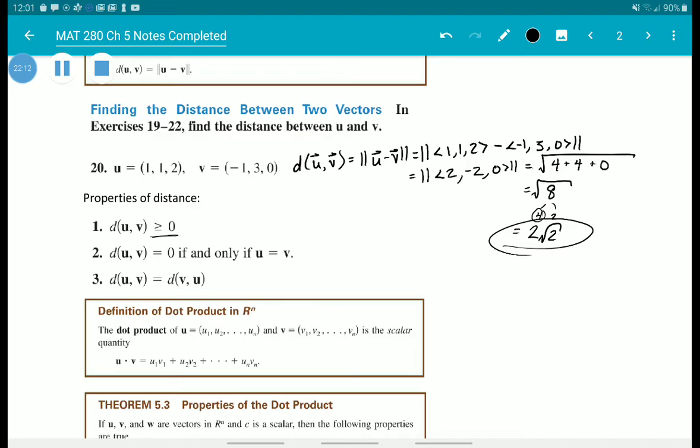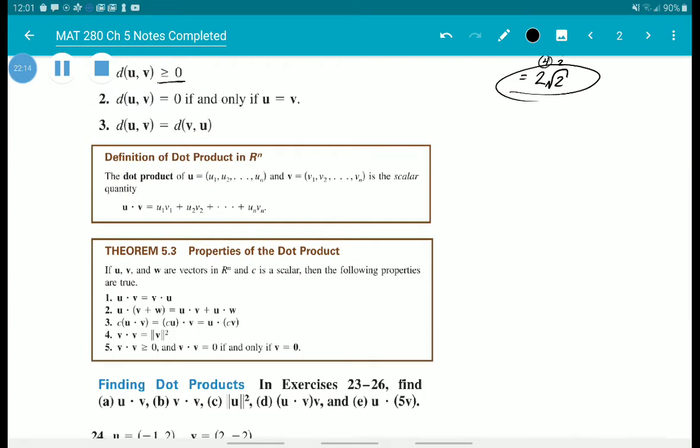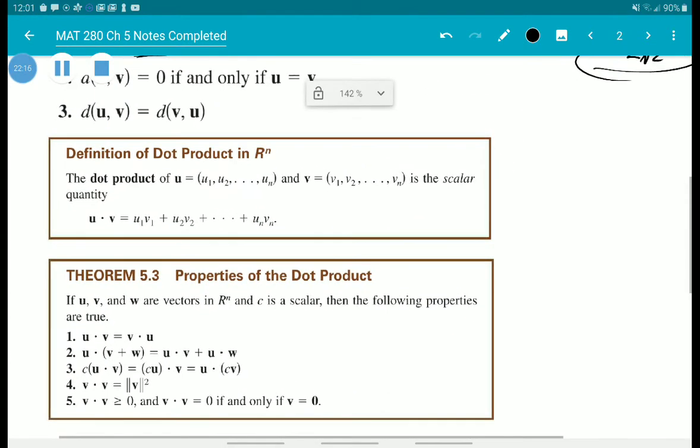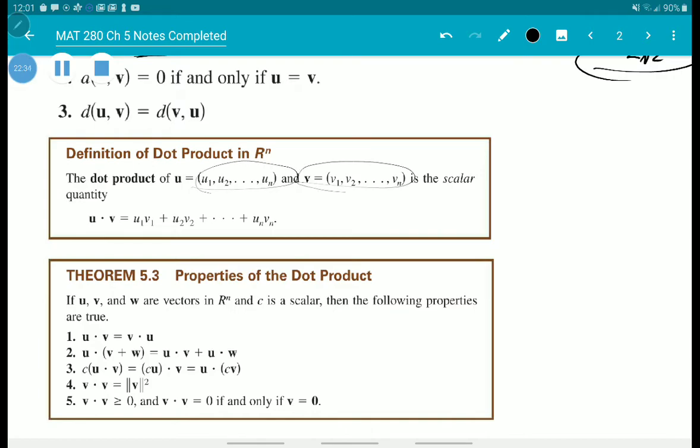So now we're going to move on to that definition of a dot product. The definition of a dot product is going to give us a scalar value. Remember, scalar is just a number. So the dot product in this case, if we take u dotted with v, it's going to be u1 v1 plus u2 v2 plus u3 v3 and so on. These vectors have to live in the same world in order for this dot product to exist.